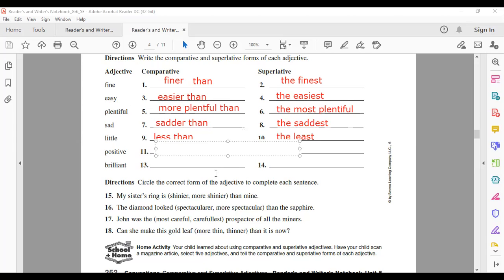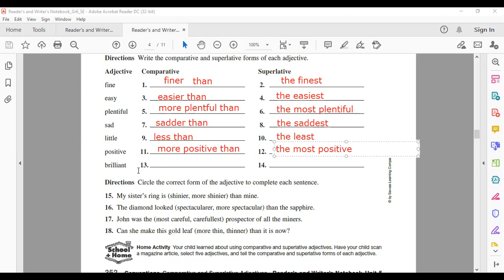Okay, positive. I want to make it comparative. Is it a long adjective or a small one? Long. So I will put what, ER or more? More. Excellent. More positive than. Okay, make it superlative. Most positive.